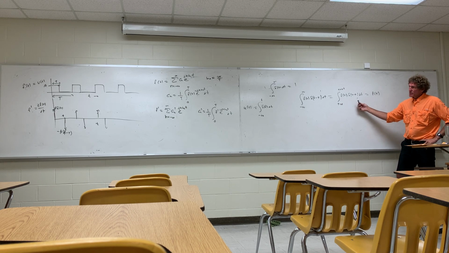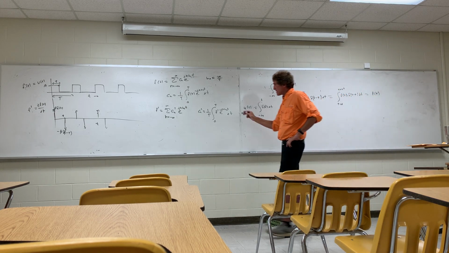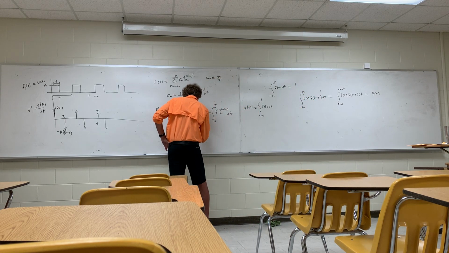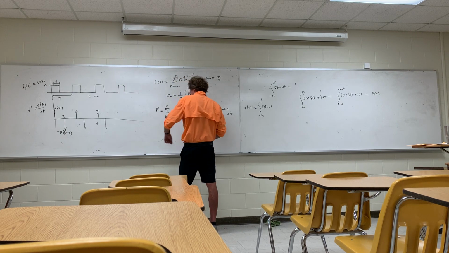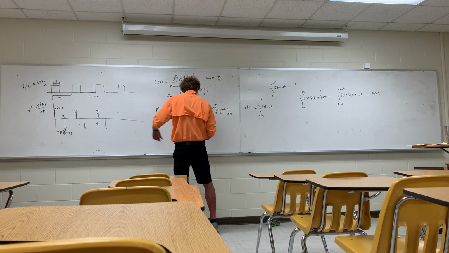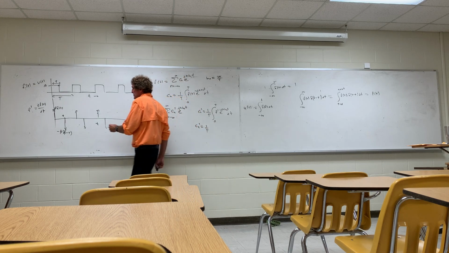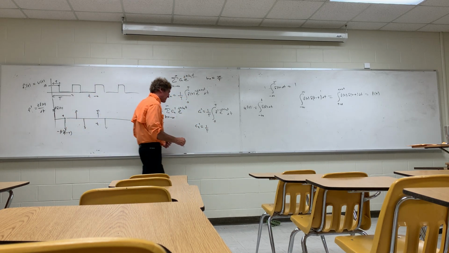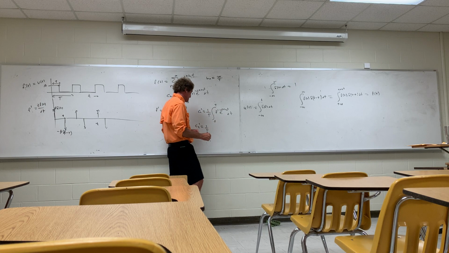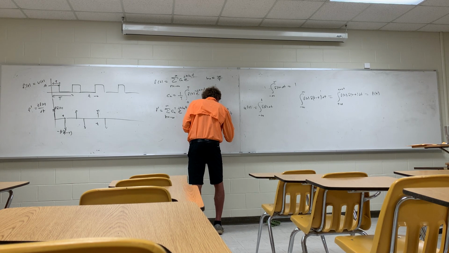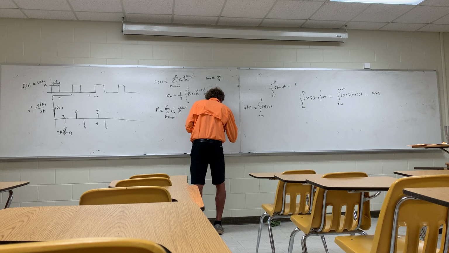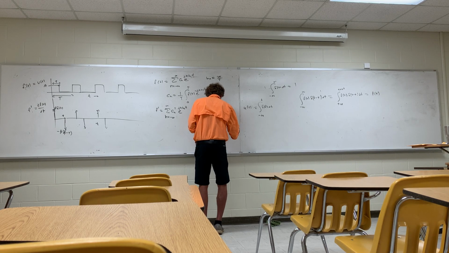With me? All right, so when I look over here to my Cn prime value, that's 1 over T. Now look, f prime is a whole bunch of delta functions, right? Now I'll only do the first 2 because it's going to be repetitive after that, and this integral only goes from 0 to T. So now it's 1 over T times the integral of the first delta function, a delta of t minus a times delta of t minus tau.